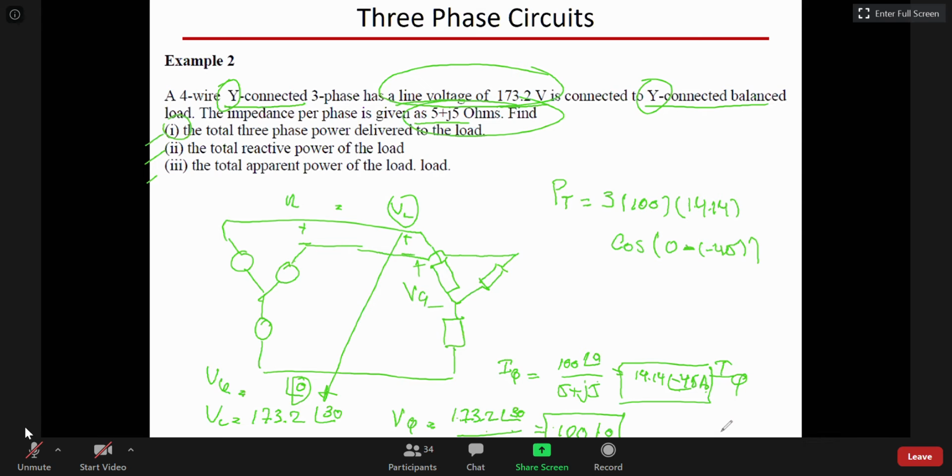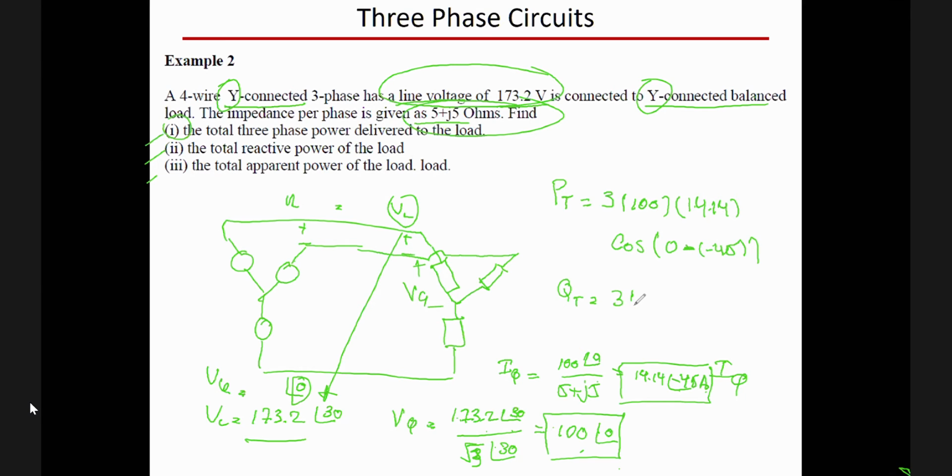What about the reactive power? Sine theta, sine 45. What about the apparent power?